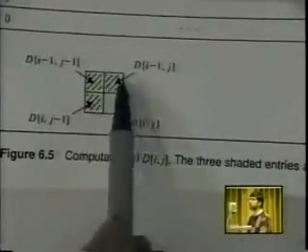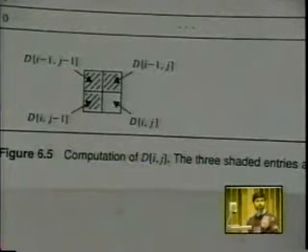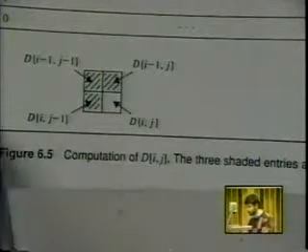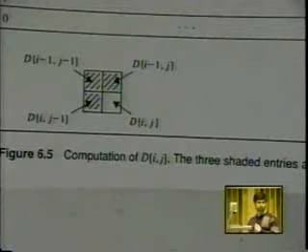Each cell, I'm looking at 3 other cells and simply doing something. I've got order mn cells, m times n cells. I do a constant amount of work per cell. Order mn times order 1 is order mn. So mn time is the total time for doing this.